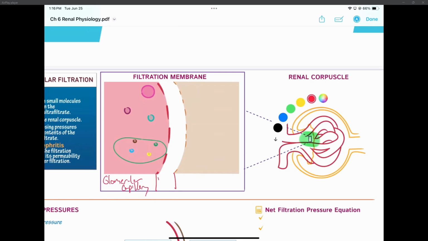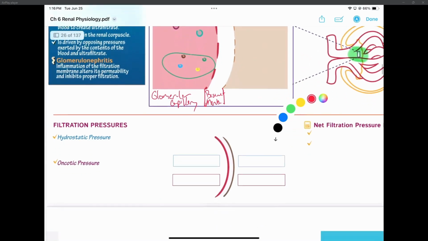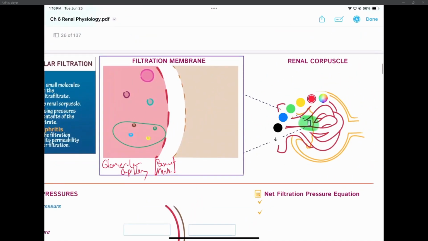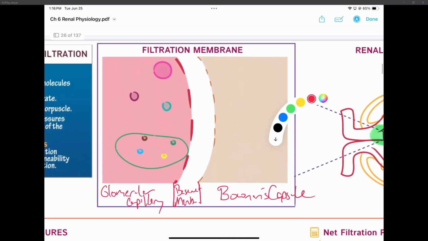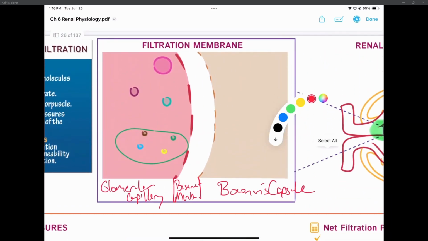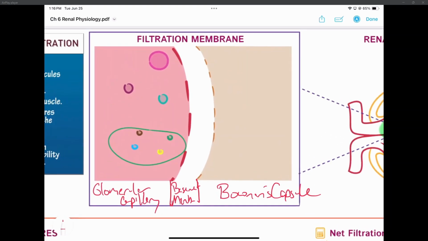In the middle is our basement membrane, and on the right is the Bowman's capsule. Everyone good on the bottom part? Glomerular capillary, obviously it's red for the blood. We have the space in between and our Bowman's capsule.